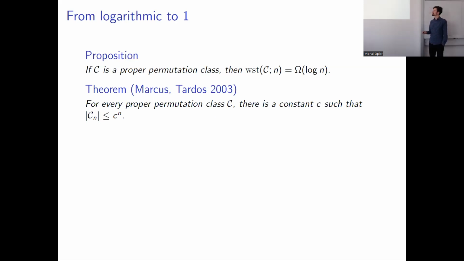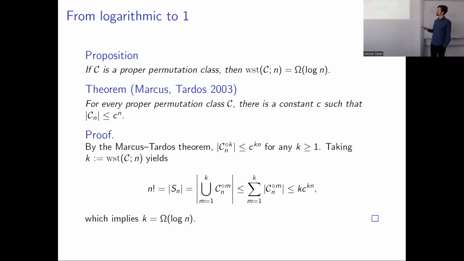So if I take a k-tuple of these permutations, I can get at most c to the k times n permutations in total. I should be able to obtain anything, which is n factorial permutations in total, and in order to obtain n factorial as c to the k times n, k has to be at least logarithmic. It's the only proof that actually fits on the slide, and it's very easy.